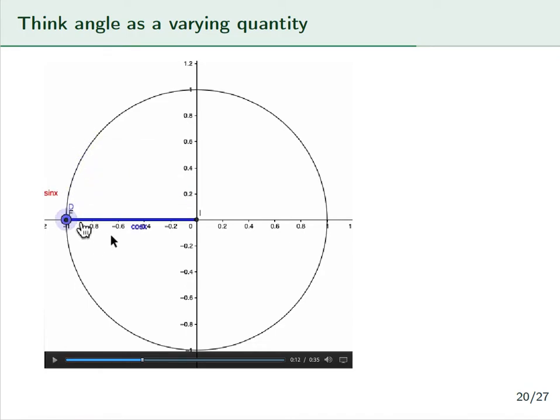So here we actually have cosine as negative 1. So the distance between these 2 points, the terminal ray and vertical diameter, is negative 1. And for sine, the height is 0. The distance from horizontal diameter to terminal ray is 0.